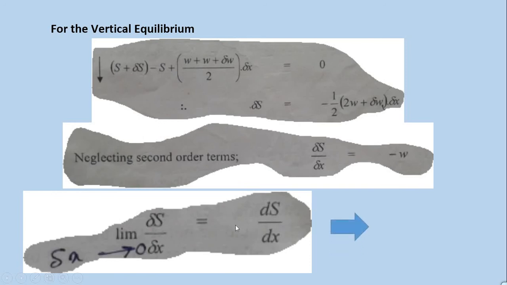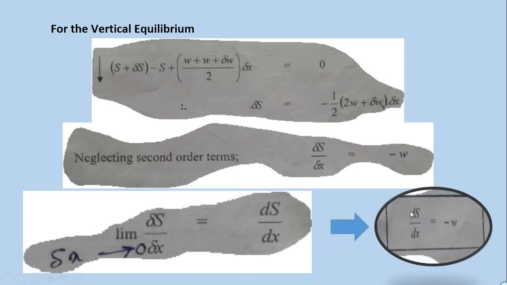In that case, we can write dS over dx equals minus w. That means the rate of change of shear force at a section of the beam is equal to minus the load intensity at that section.